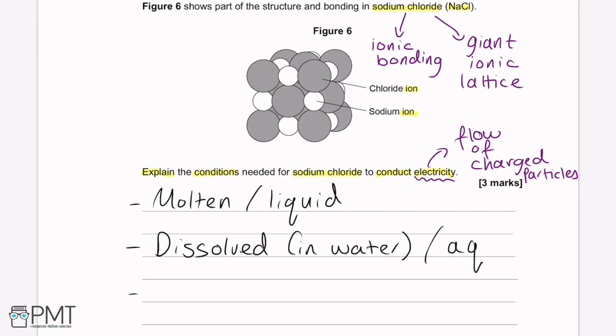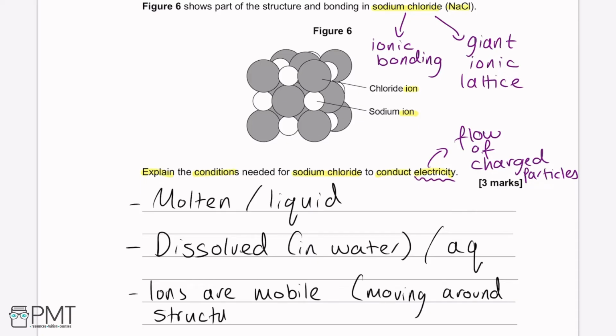So the conditions are either molten or dissolved, but now we need to explain that condition. So that would mean that the ions are mobile. So they are moving around the structure and they are carrying charge.